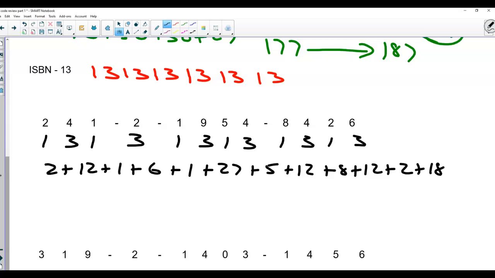Okay. So now as I go through it, let's see what we can combine. I'm going to do 12 and 8 is 20. 12 and 18 is 30. Let's do 27, 2, and 1 is another 30.